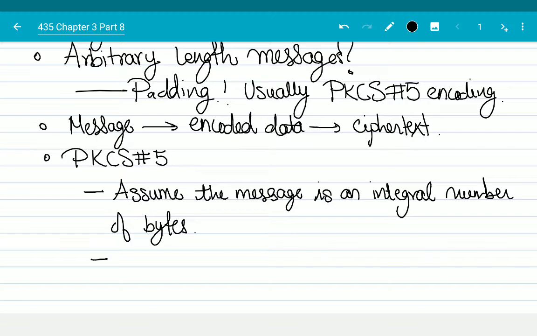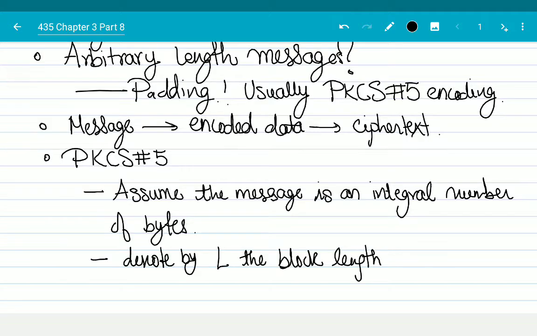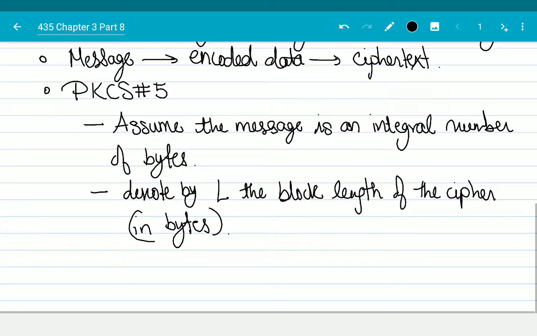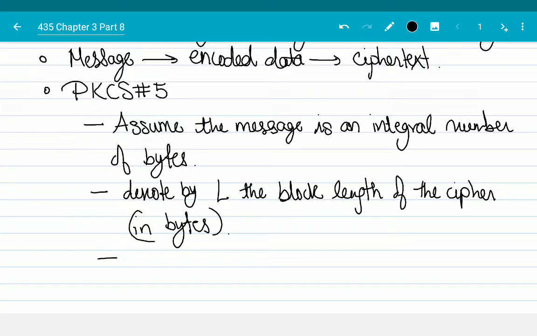We'll denote by L the block length of the cipher, again in bytes. So far we generally refer to this as N, but here we are going to use L.